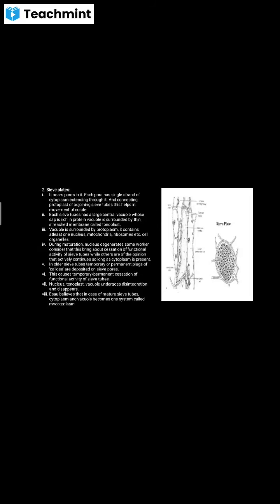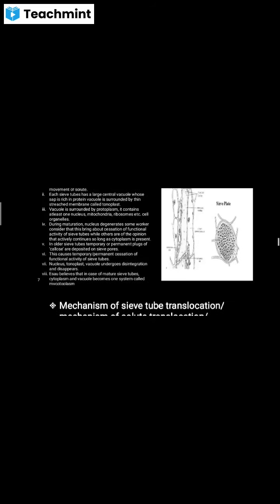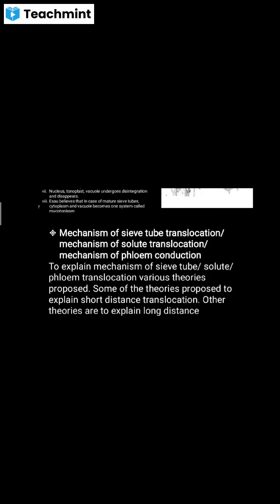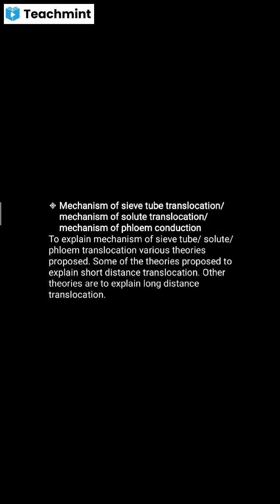Chemical deposition takes place on the pore, so the movement of the solutes is stopped and the pores are blocked. So here is the mechanism of sieve tube translocation, or solute translocation, or phloem conduction.